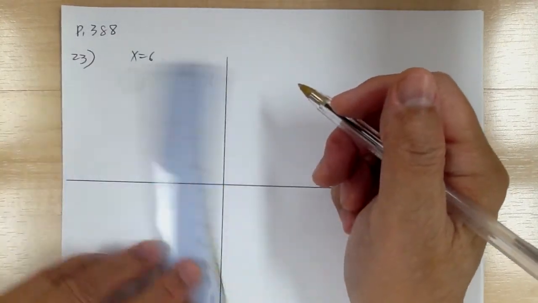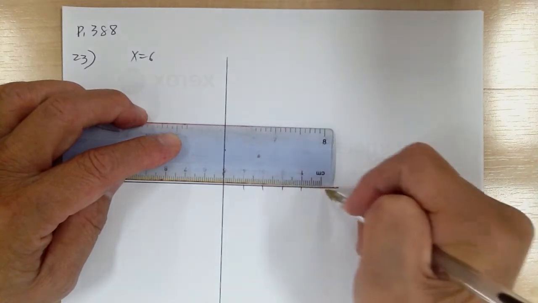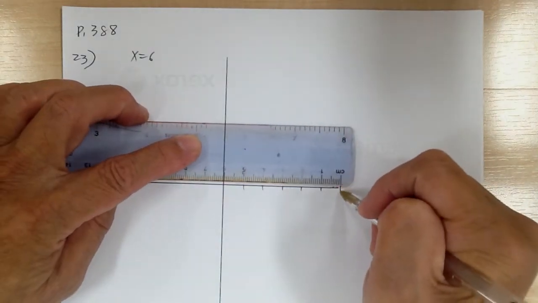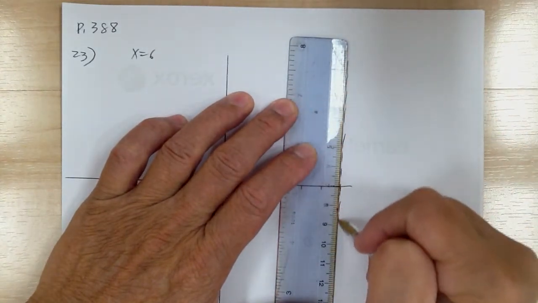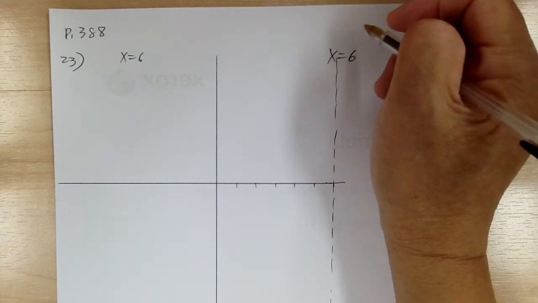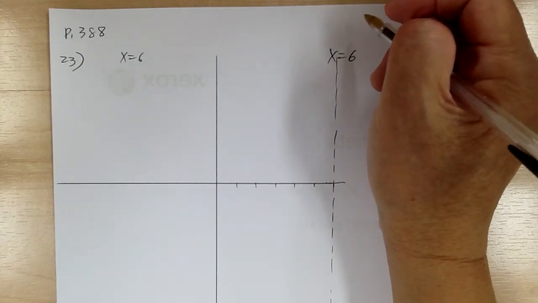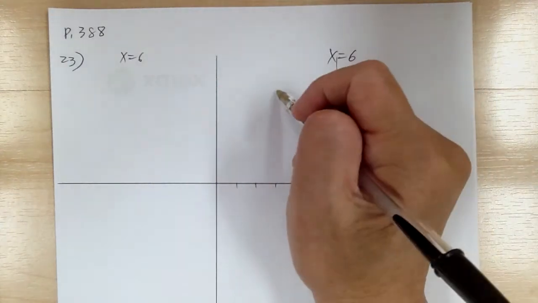So you got the line x equal to 6. The circle is tangent to both x and y and the line x equal to 6. So that means there are 2 possibilities.